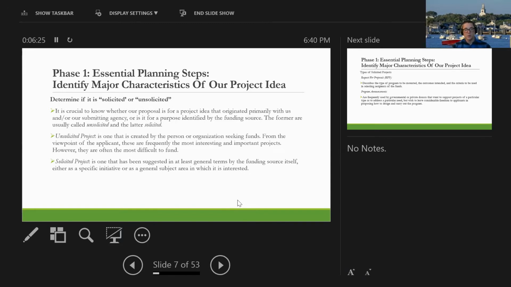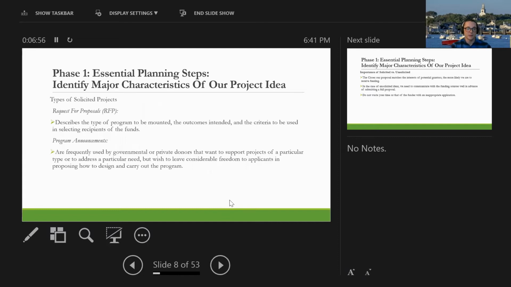And so you want to identify, if you're going to go solicited or unsolicited in the beginning, how much are you willing to compromise in your initial project idea concept to meet the interest of said funding source. And we'll get into the different avenues and processes that, depending on the left or right that you decide to choose, what that means for you.